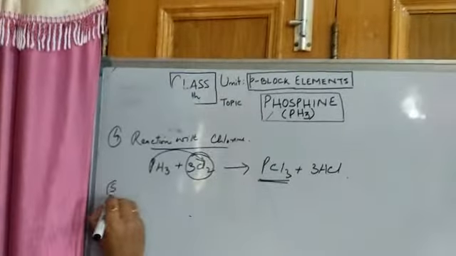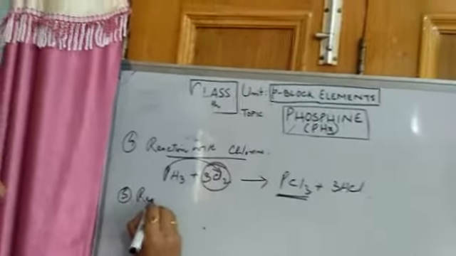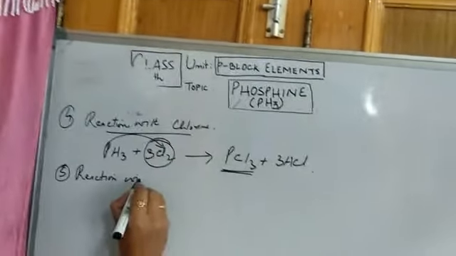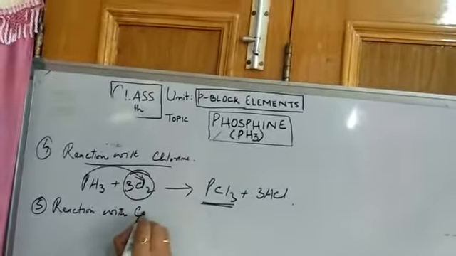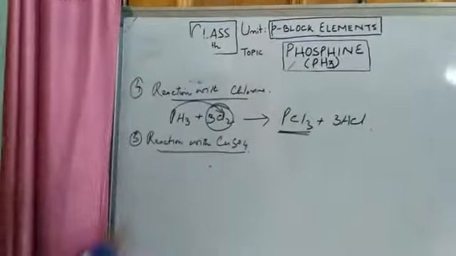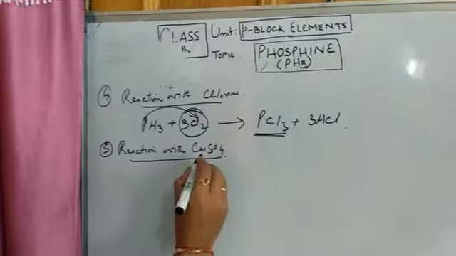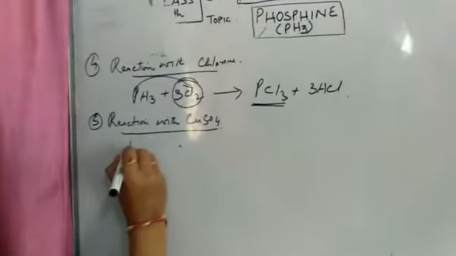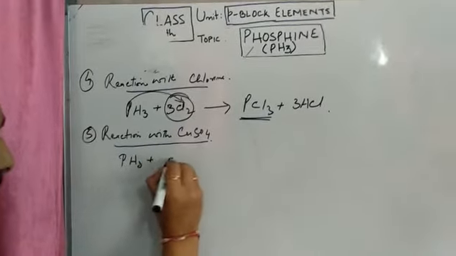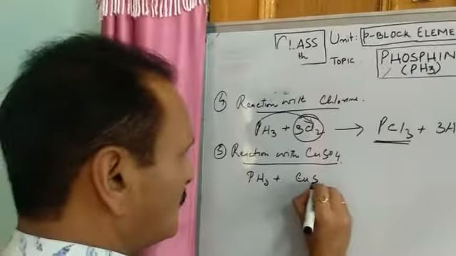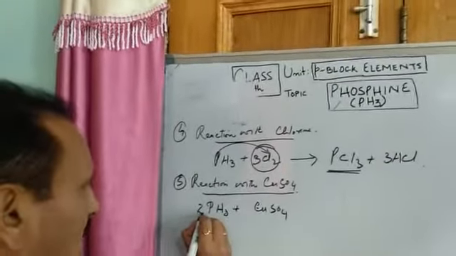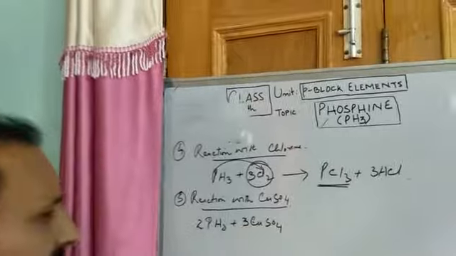Then coming to another chemical property of phosphine, reaction with copper sulfate. Let us see what happens to phosphine when it is treated with copper sulfate. This is phosphine PH3 plus copper sulfate CuSO4. It will be twice for phosphine and thrice for copper sulfate.